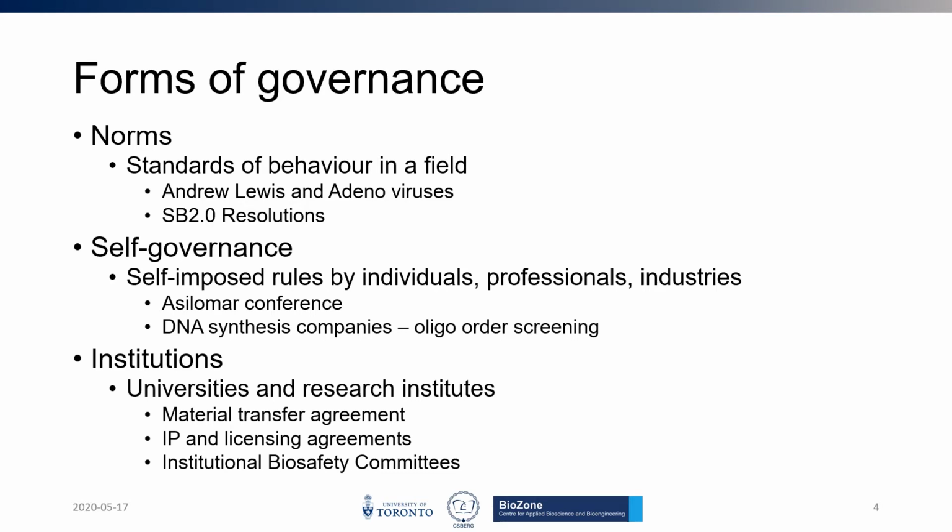So governance is also instituted by institutions nowadays. Universities and research institutes have various things like material transfer agreements, IP and licensing agreements that govern how material comes into labs first, and also how new discoveries are distributed into society and how they're legislated in terms of the intellectual property and the rights that go with it.